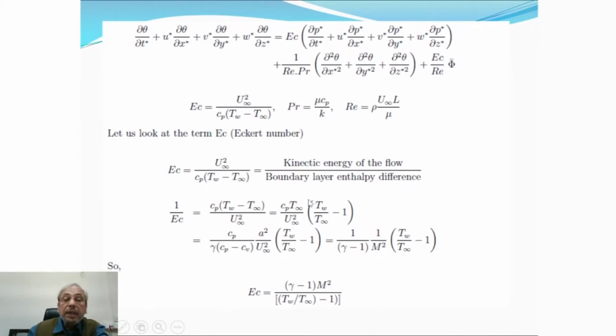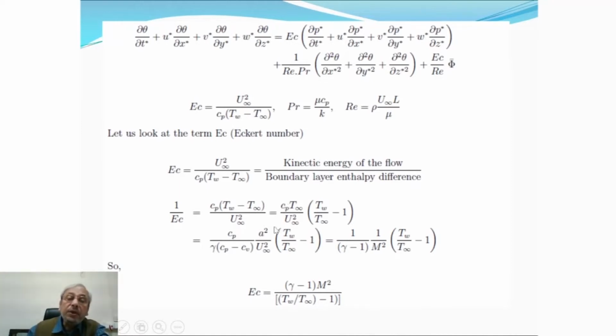Then we pull out T∞ from inside, Cp T∞ by U∞², (Tw/T∞ − 1). Now we multiply both numerator and denominator by γR. R is the gas constant. Gamma is the ratio of Cp by Cv.